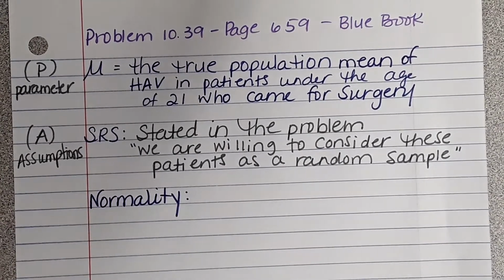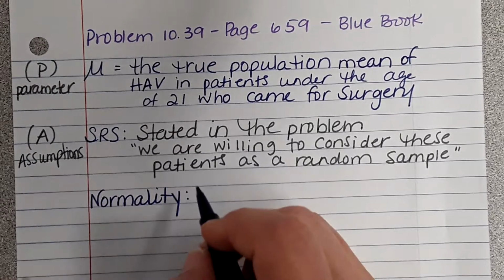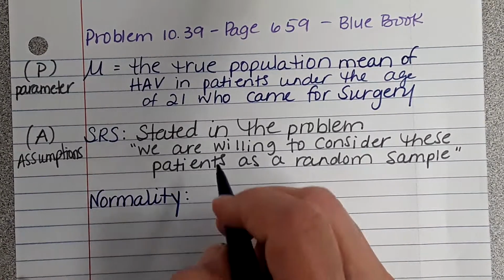Now our next condition is normality. Okay, and how many patients do we have? 38.